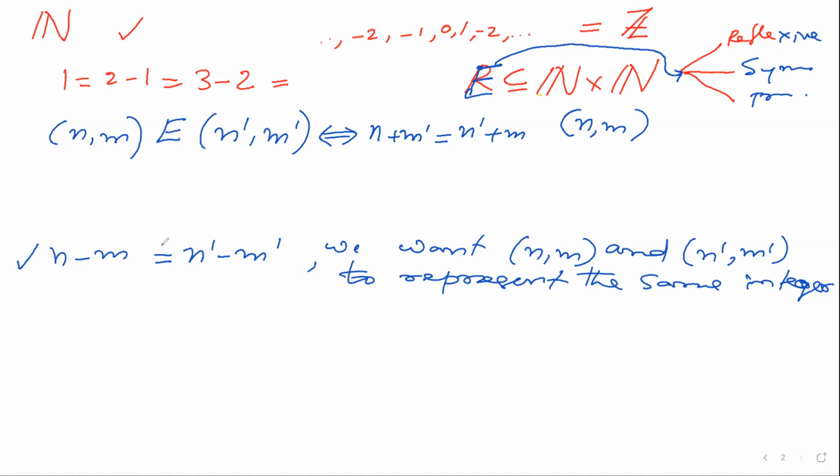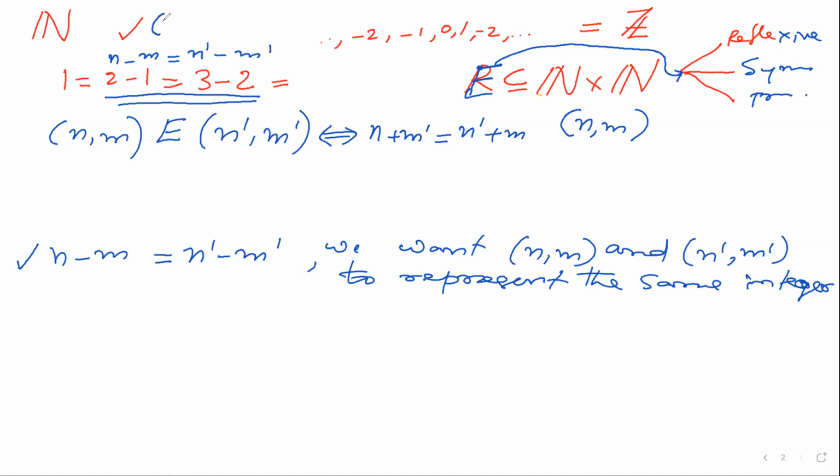If we can do that, then we can avoid the difficulty arising from this. So here this will be your n, this will be your m, this will be your n prime minus m prime.